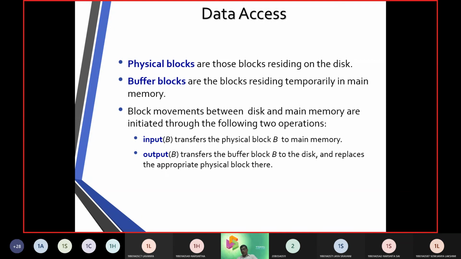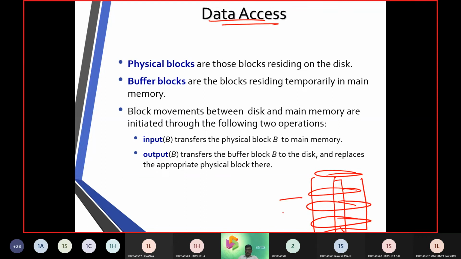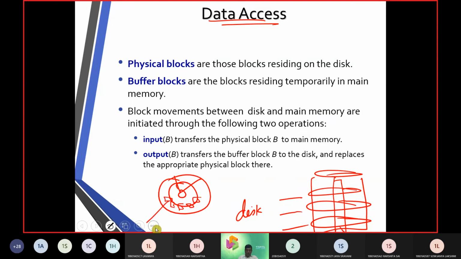Another thing is how data is stored and how data is accessed. We will draw the hard disk mechanism. A hard disk has some disks, and we call these elements blocks.